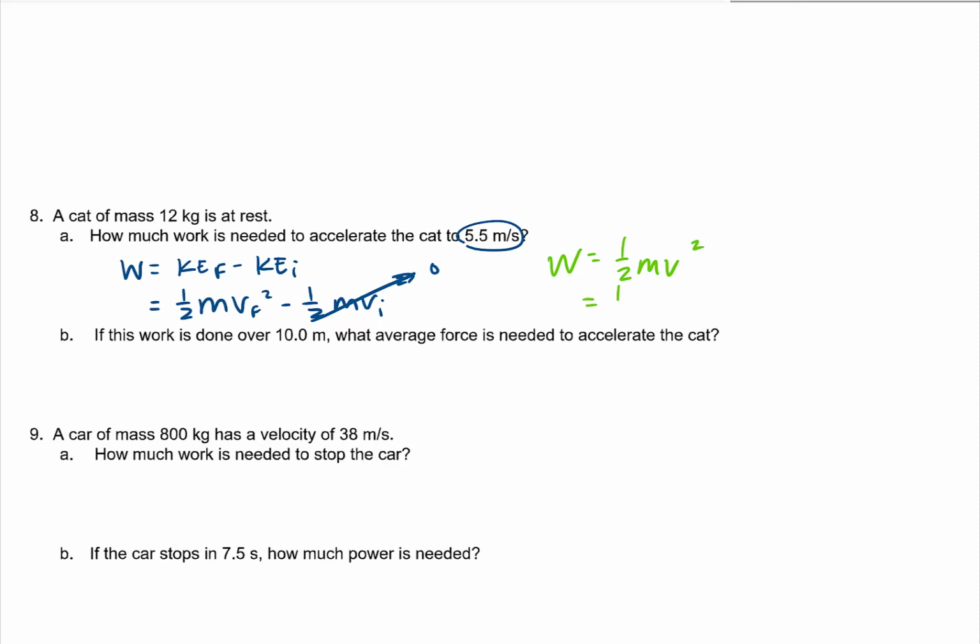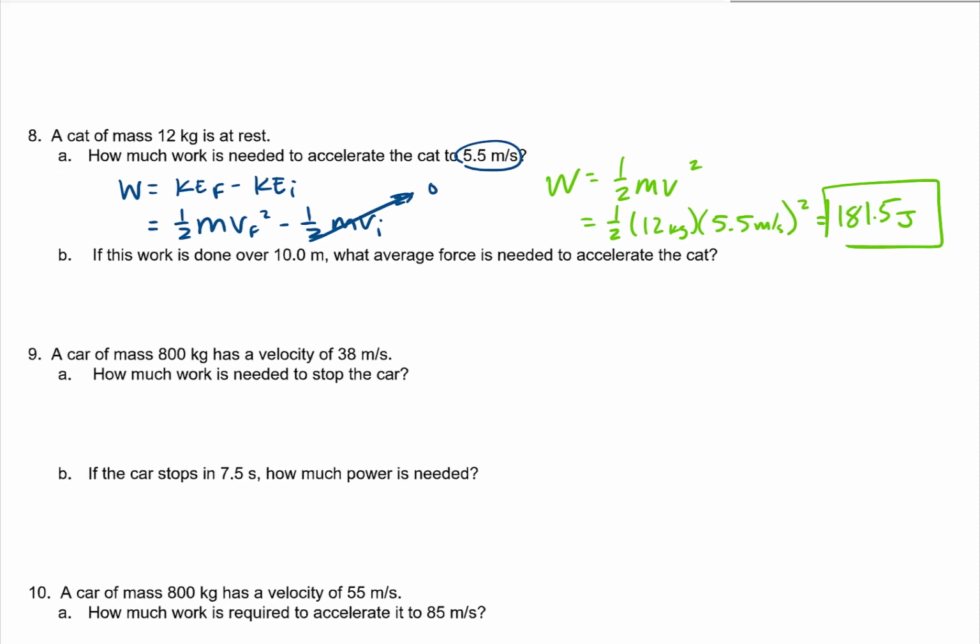So that comes out to be 1/2 times 12 kilograms times 5.5 meters per second, whole thing squared. That ends up being 181.5 joules of work needed to get the cat to be going 5.5 meters per second.